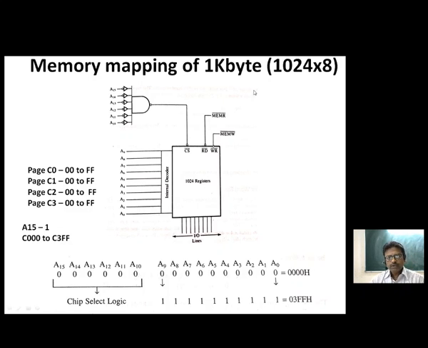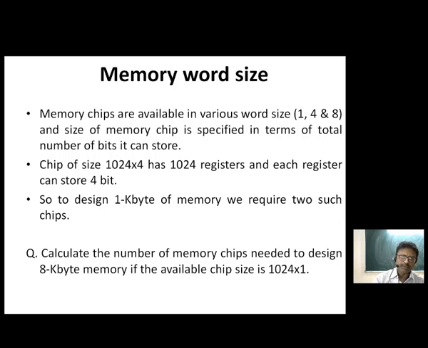So the number of bits which can be stored in one register of the memory chip is known as the memory word size. Memory chips are available in various word sizes, and the word size is nothing but the number of bits which can be stored in a single register of the memory.